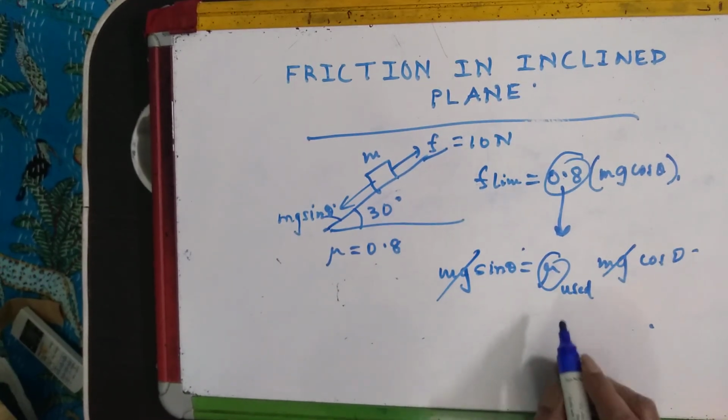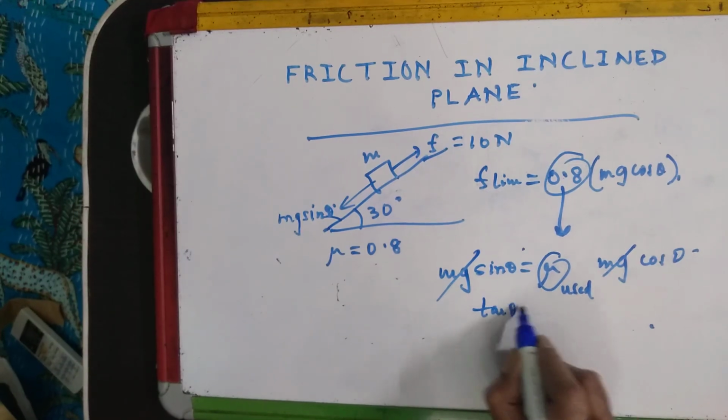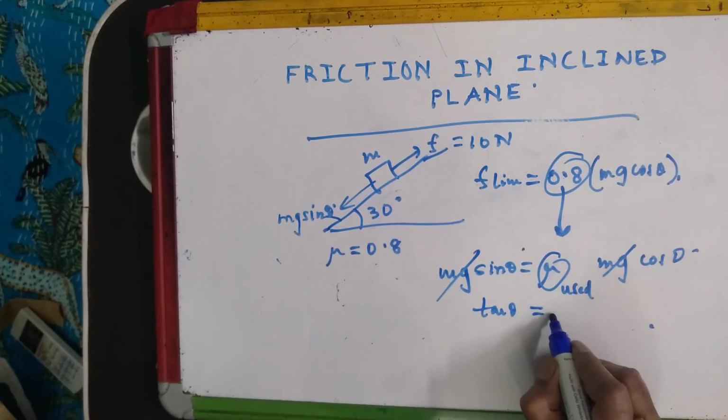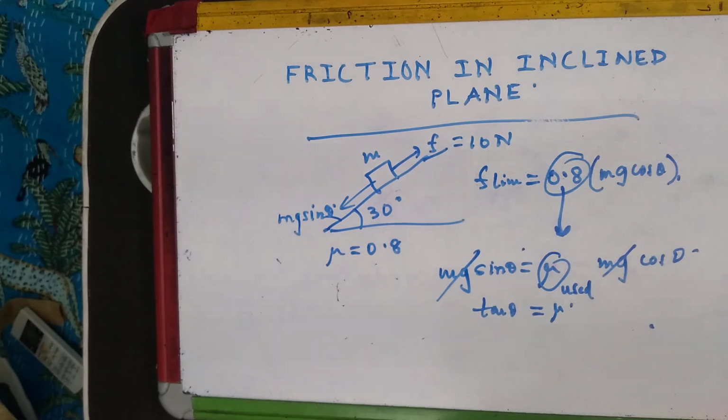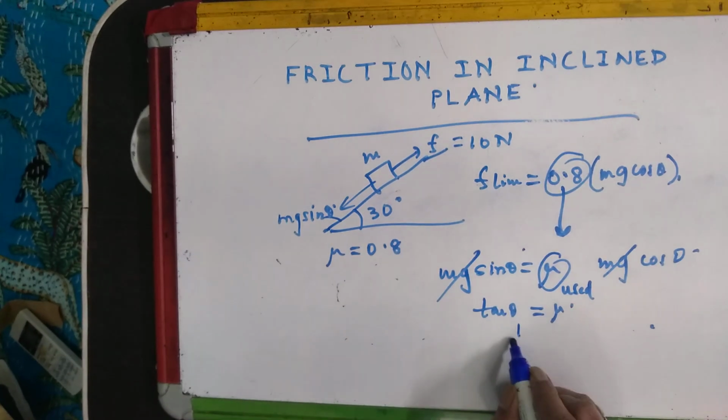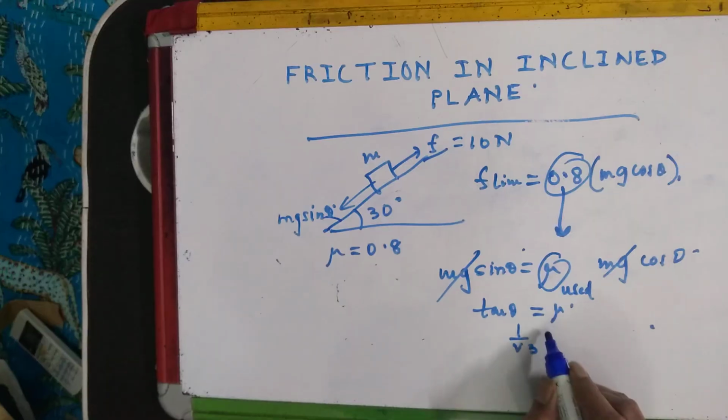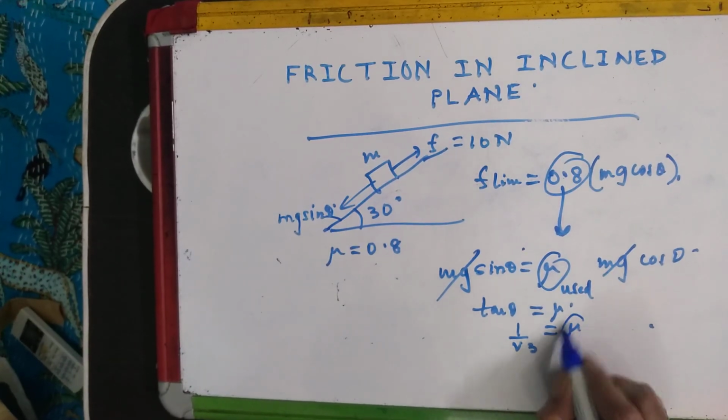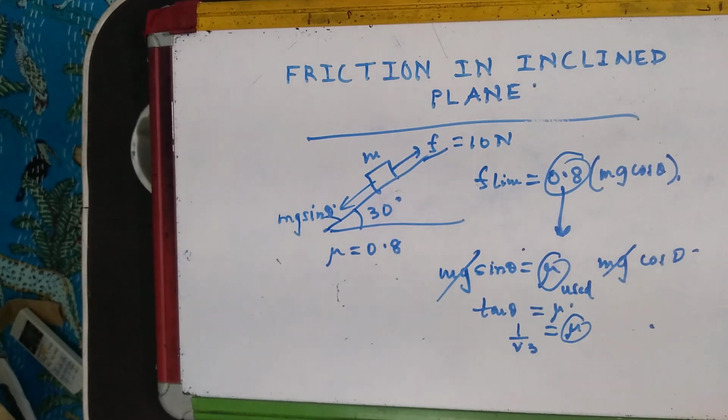So mg cuts out, and tan theta is equal to mu used. Tan theta would have been 1 by root 3 because it is 30 degrees, and mu used would have been found out. So this is another question which, while solving this, just came to my mind: if you are required to find out what mu has been used in this particular example, then you will use this.